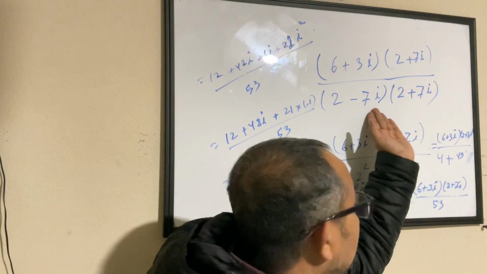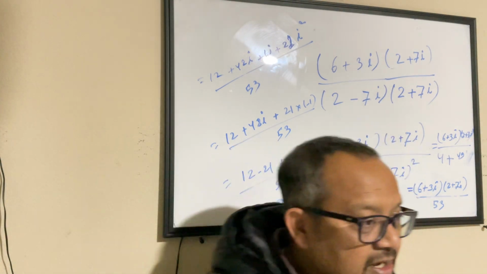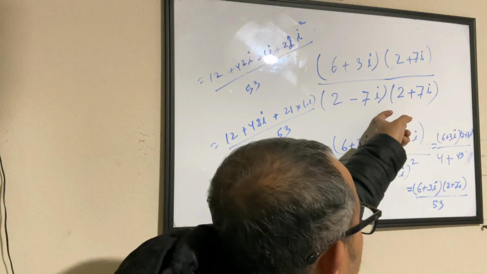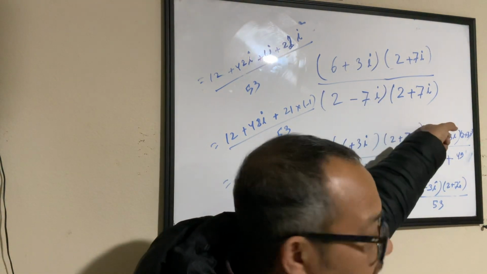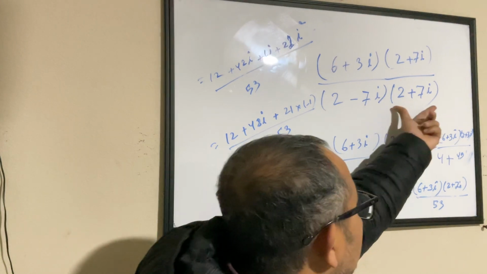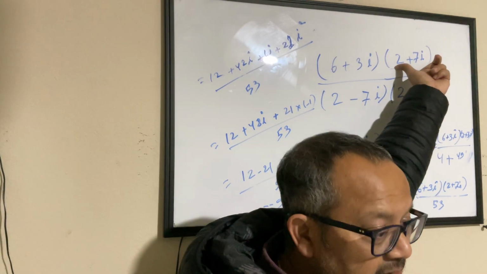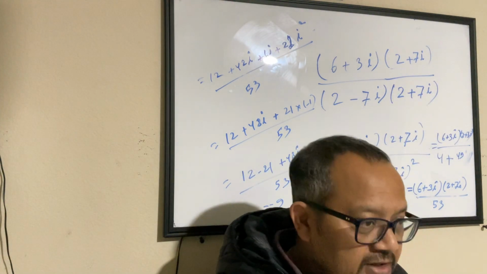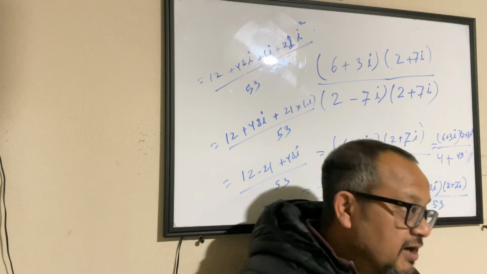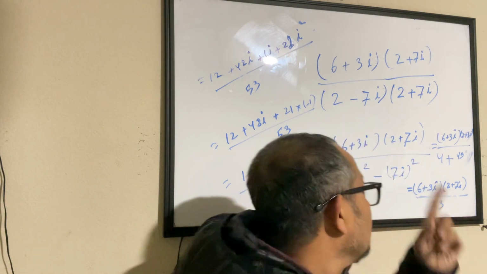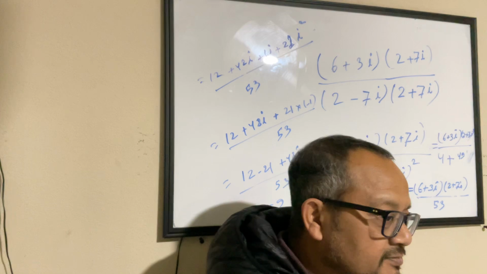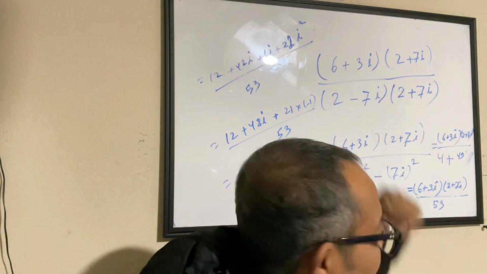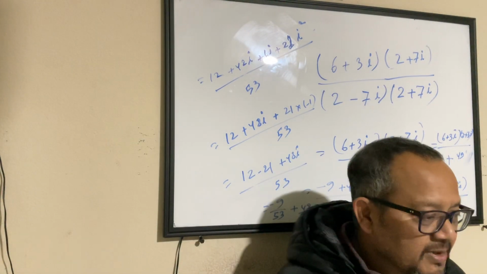So you want to knock off the denominator: you multiply with the conjugate, which converts it to a real number, and whatever you multiply here, you multiply the numerator with also. So the conjugate becomes a medium for us to divide a complex number by another complex number.